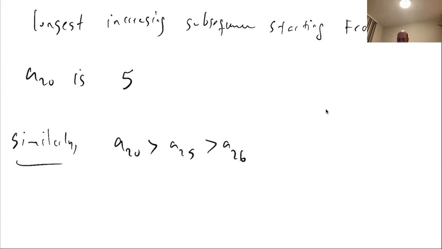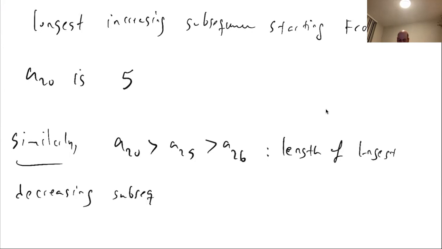So the length of the longest decreasing subsequence starting from A20 is 3.